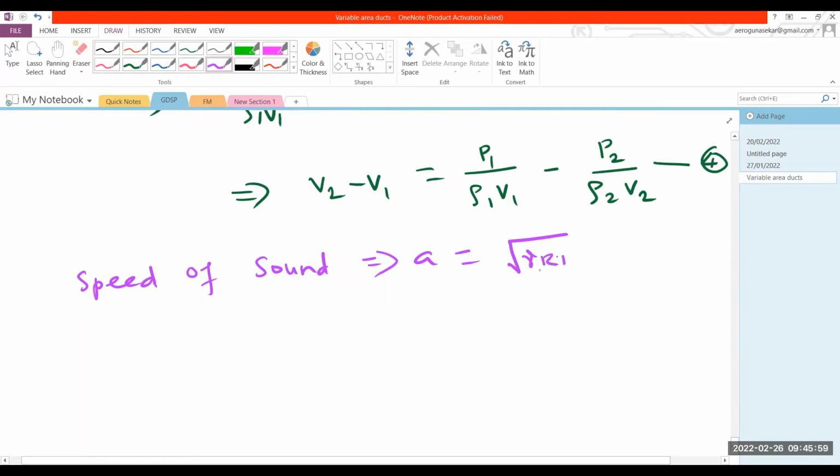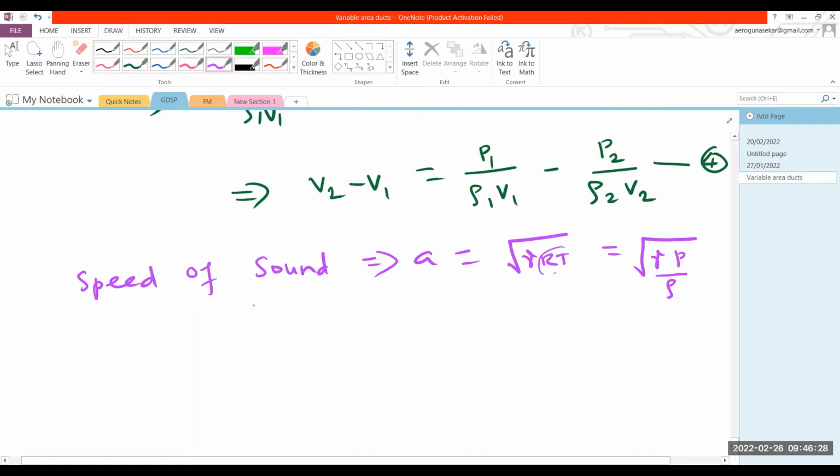Using the perfect gas equation, in place of RT you have P by rho, so A equals square root of gamma P by rho. The perfect gas equation is nothing but P V equal to RT, and using that I have written this.